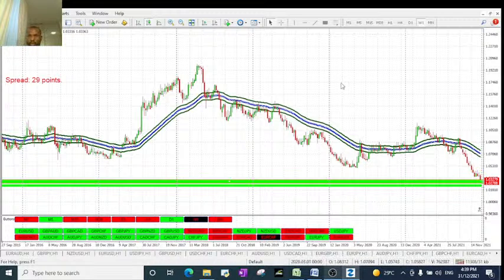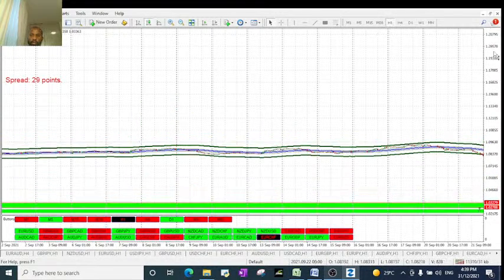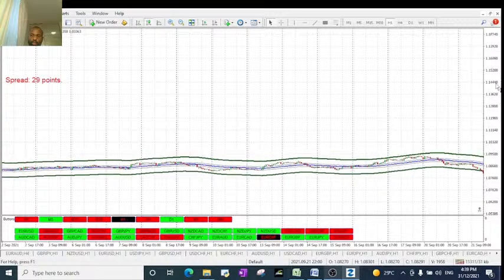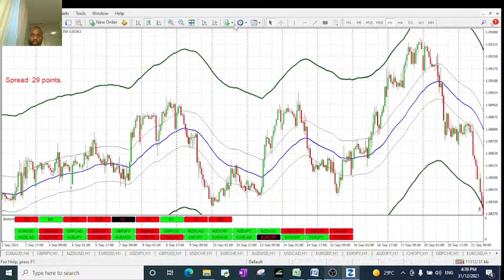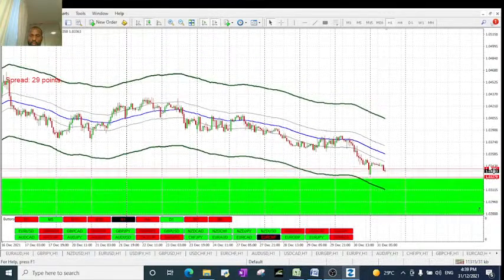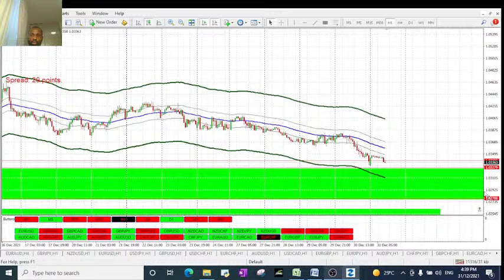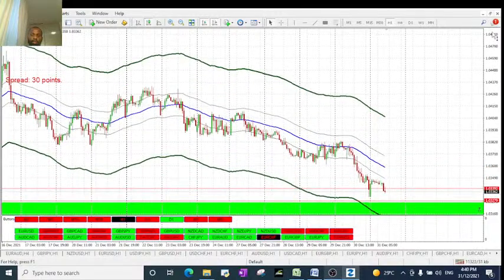Not advisable. It's a huge zone. Yeah, so price can still move into the zone quite a bit.